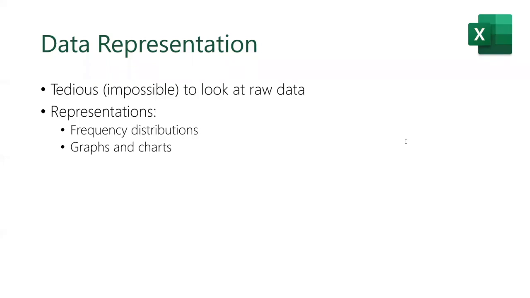So there are a variety of things that can be done to represent that data. There are certain non-visual ways to represent data, and then there are data visualization related ways. For non-visualization, most commonly we use what are called frequency distributions. We'll talk about frequency distributions today, and then from a visual perspective, we'll talk about graphs and charts.